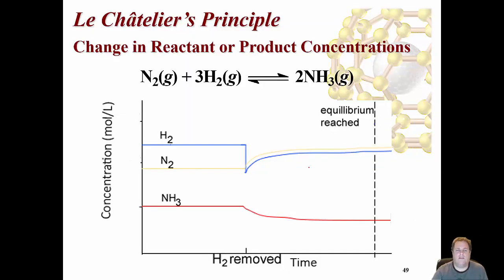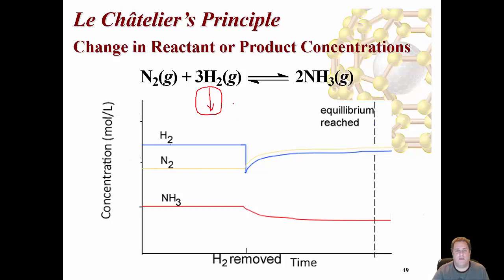If we look at this graph, we can tell that H2 was removed at this point. It also tells us that down here. And so if we remove some of this, I'll just put a down arrow here. I'm going to circle it because that is what we changed. And we want to look at how the other two respond.